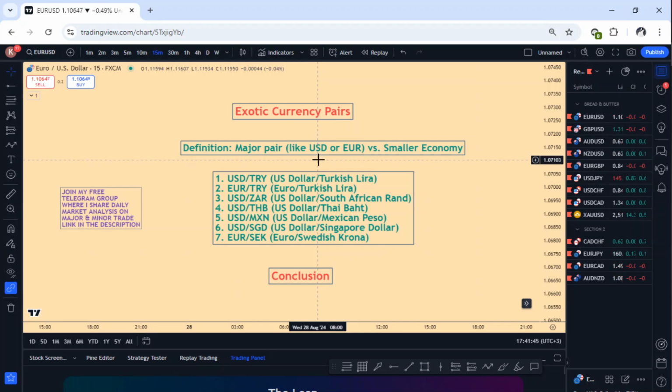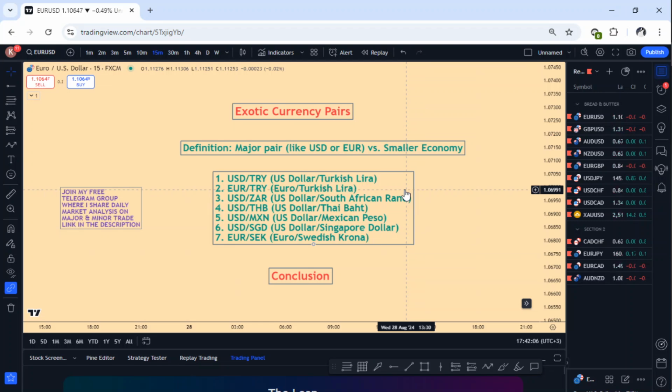So exotic pairs often include currencies from countries which are developing or have less stable economies, and they may not be traded as frequently as major or minor pairs. Now, there are so many, by the way.